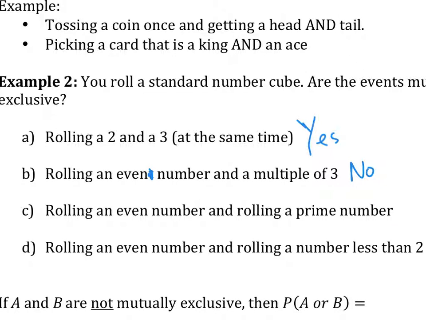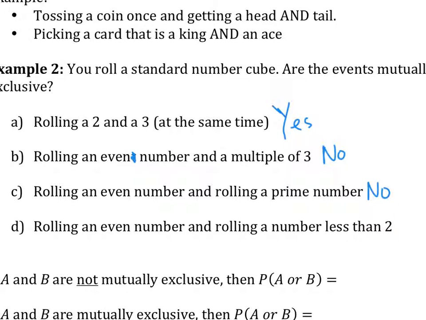Okay, C. Rolling an even number and rolling a prime number. How many people think it's mutually exclusive? How many people think it's not mutually exclusive? Okay, the answer is no. There is an even number and a prime number at the same time. What number is that on the dice? 2. 2 is an even number and a prime number.